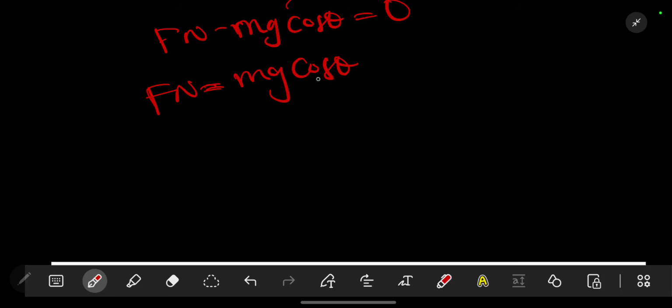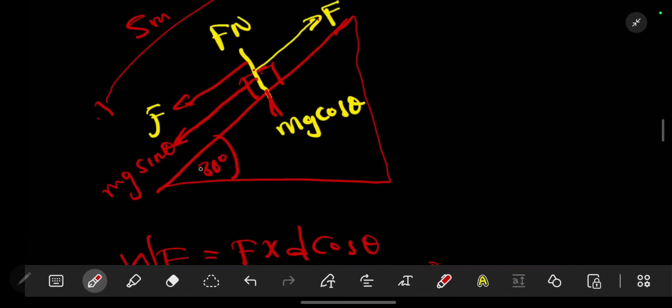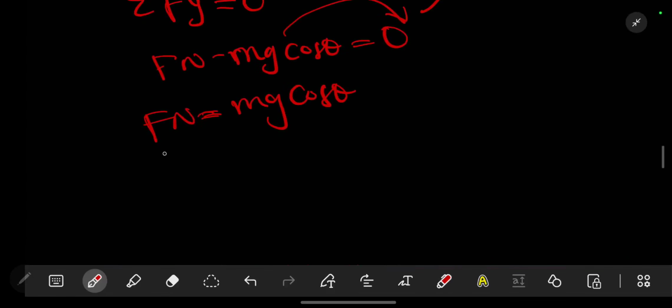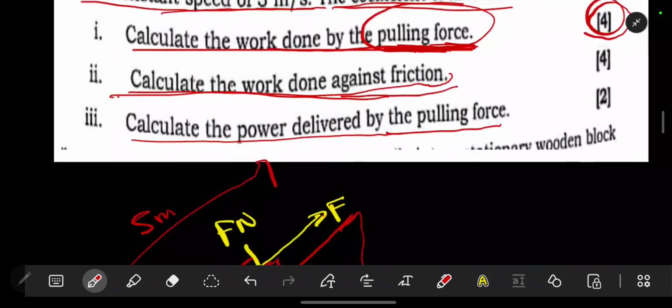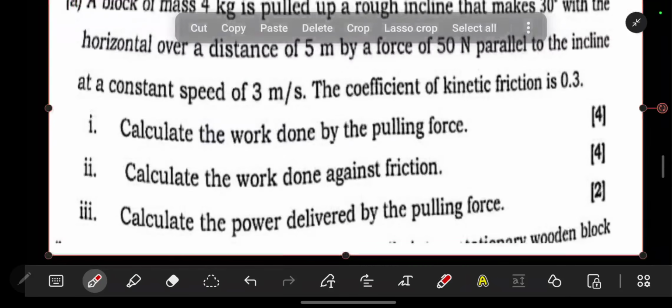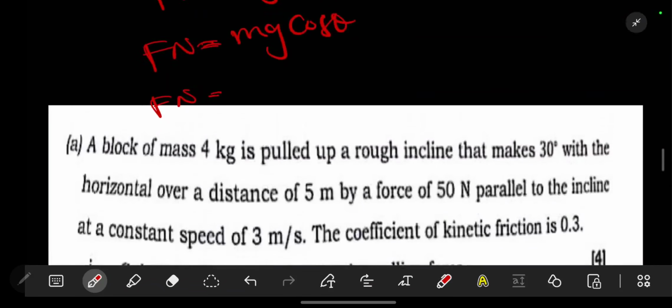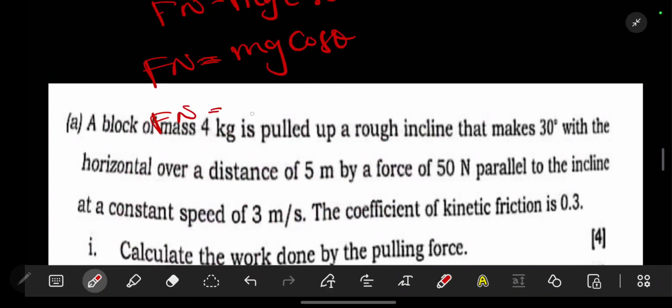The angle attached to mg is the angle of inclination, if you remember your dynamics. In this case it's 30 degrees. So the normal force will be equal to our mass, which is 4 kg.